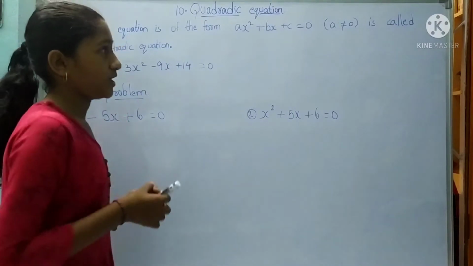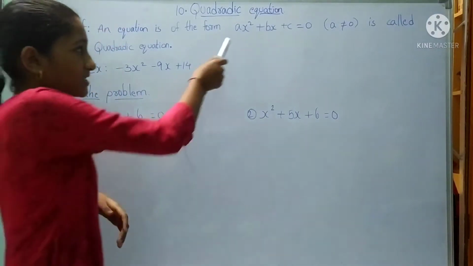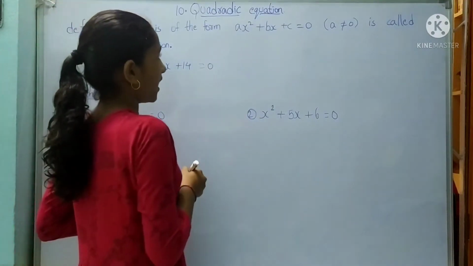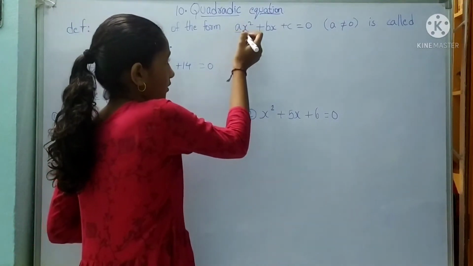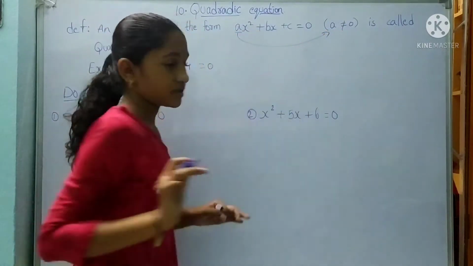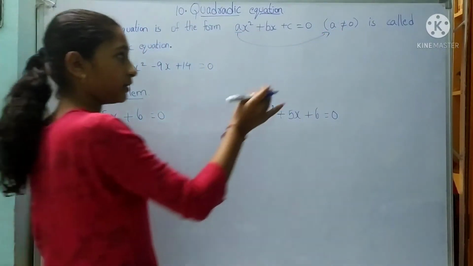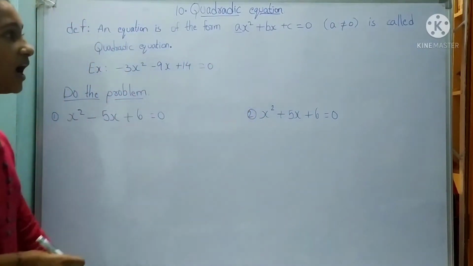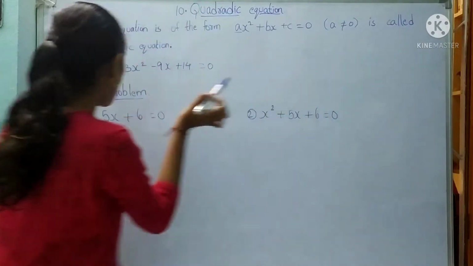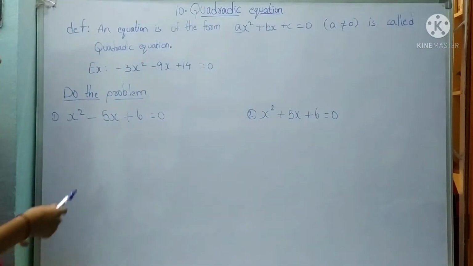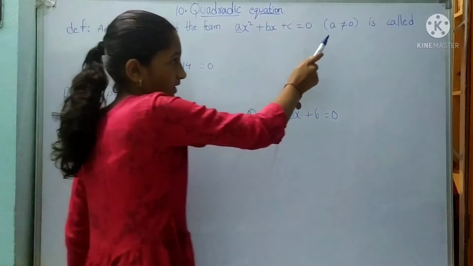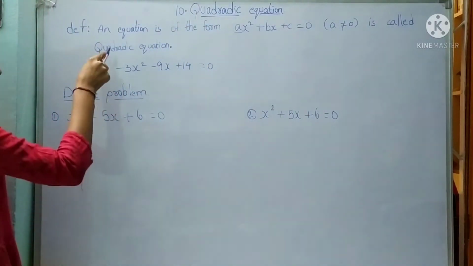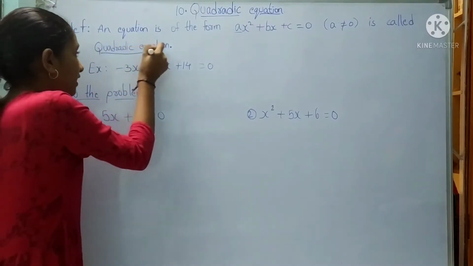And here a is not equal to 0. Remember it, a is not equal to 0. If this type of form is there and a is not equal to 0, then it is called a quadratic equation.